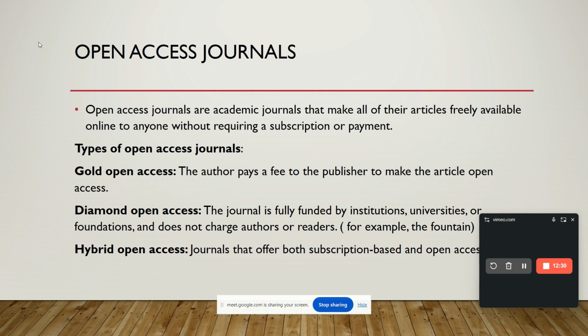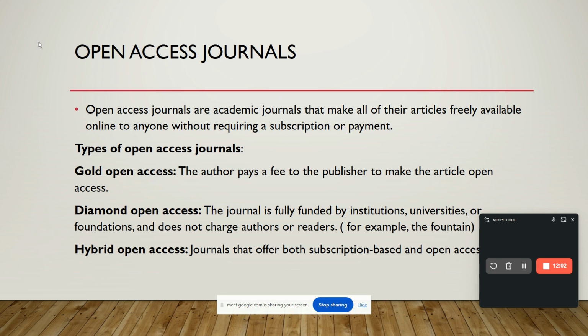So this is knowledge that people that want to publish might want to know about. So there's Gold Open Access journals where the author pays a fee to the publisher to make the article open access. So you want it to be made open to the public when it's published, but you need to pay first.